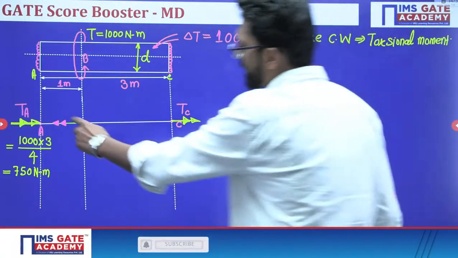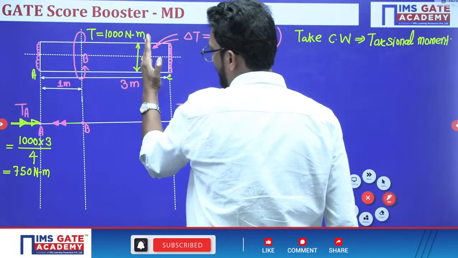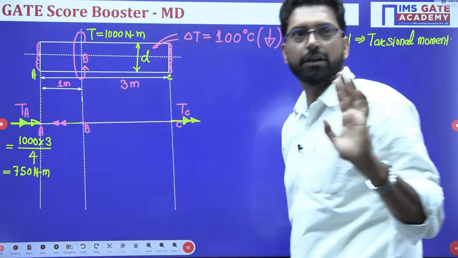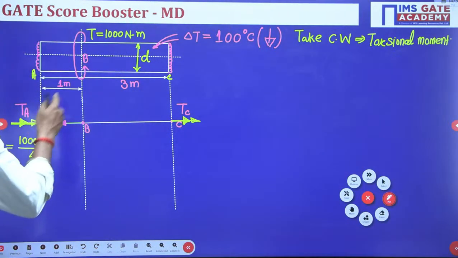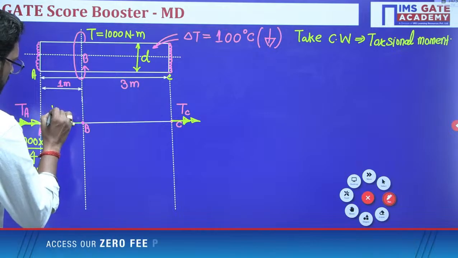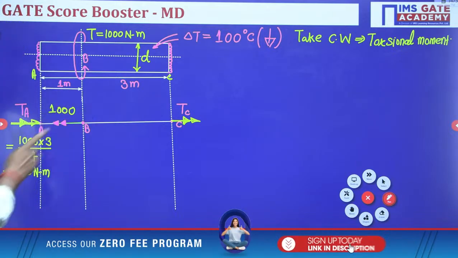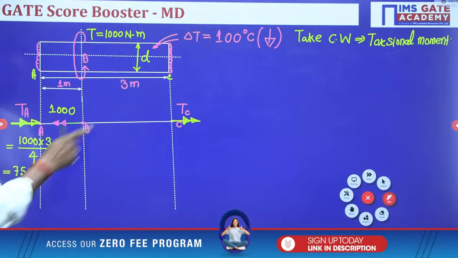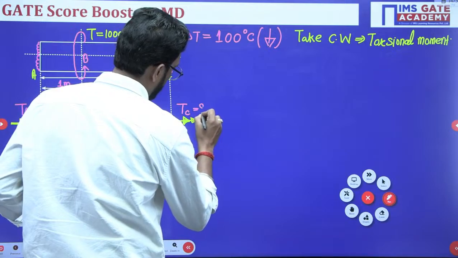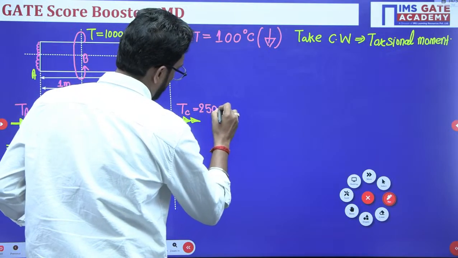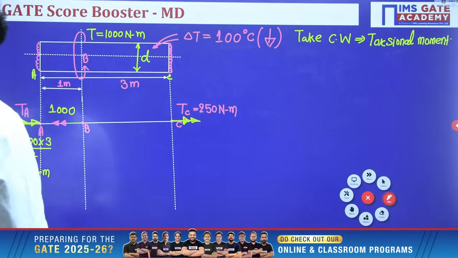The reaction of torque is 1000 into the opposite length divided by the total length. We know this already. So this is 1000, this is 750, and in this direction there is 250 Newton meter.